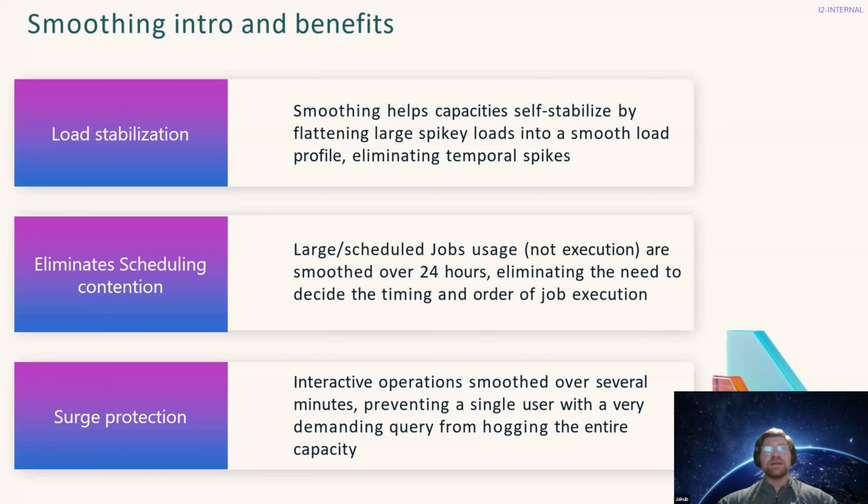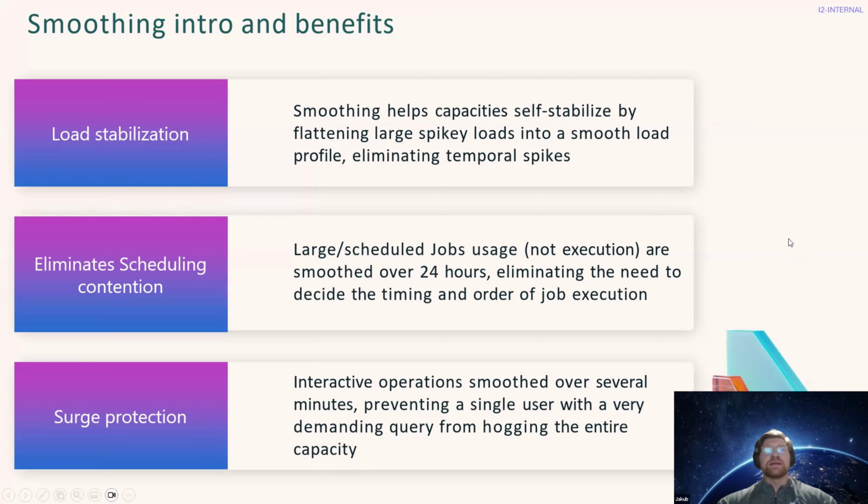Usually you use it more in the morning when the users are starting to interact with your data, and also when you schedule some jobs, especially when these jobs are bigger. They can be even bigger than the size of your capacity.